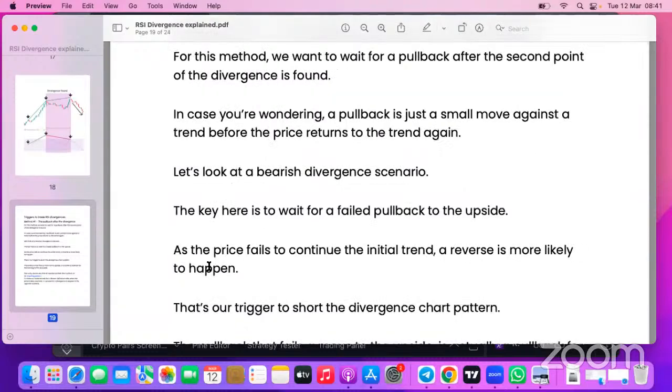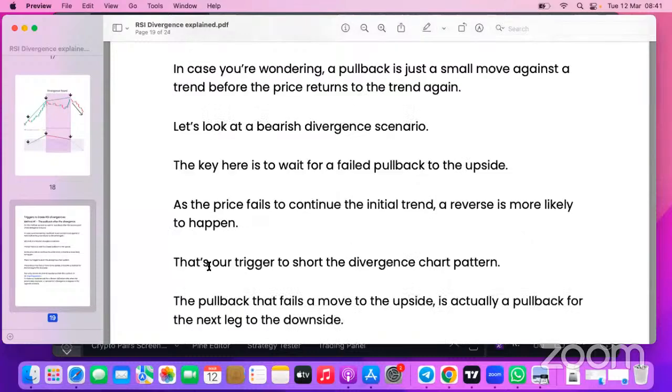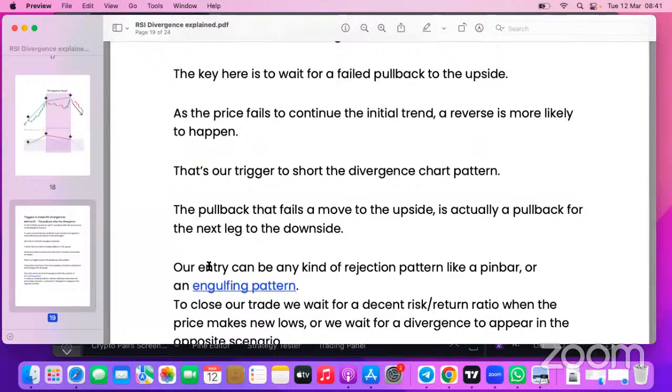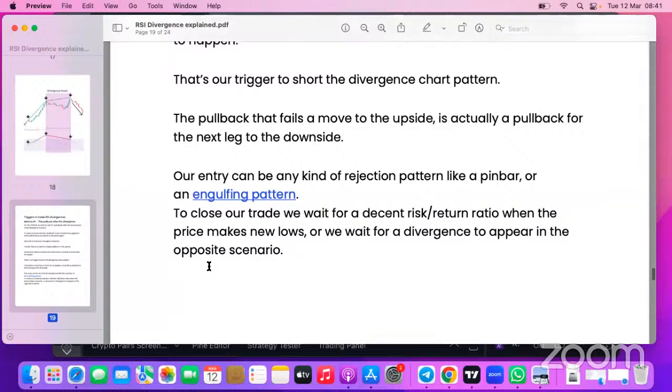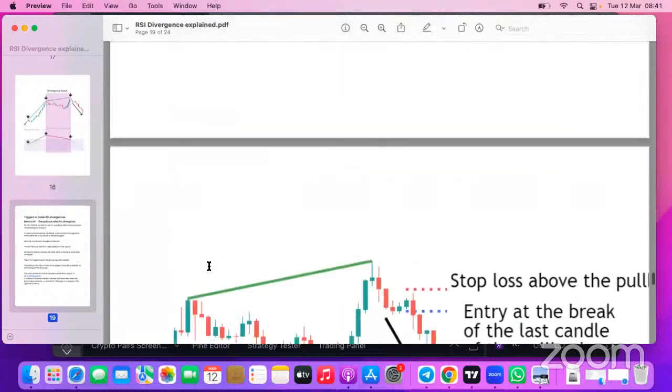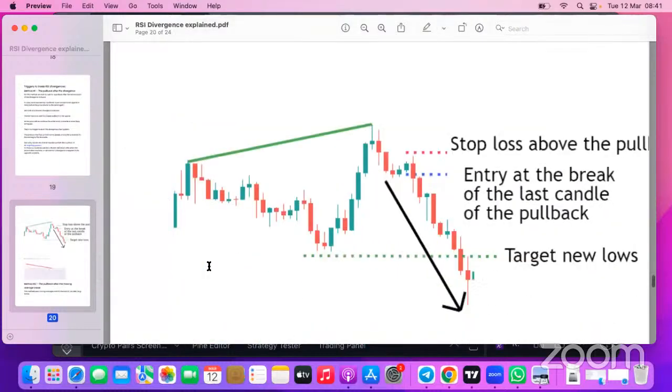As the prices fall to continue, I'm just going to use an example. Our trigger price to short, but I don't want to teach shorts. Our entry can be any kind of rejection pattern like a pin bar or an engulfing pattern.